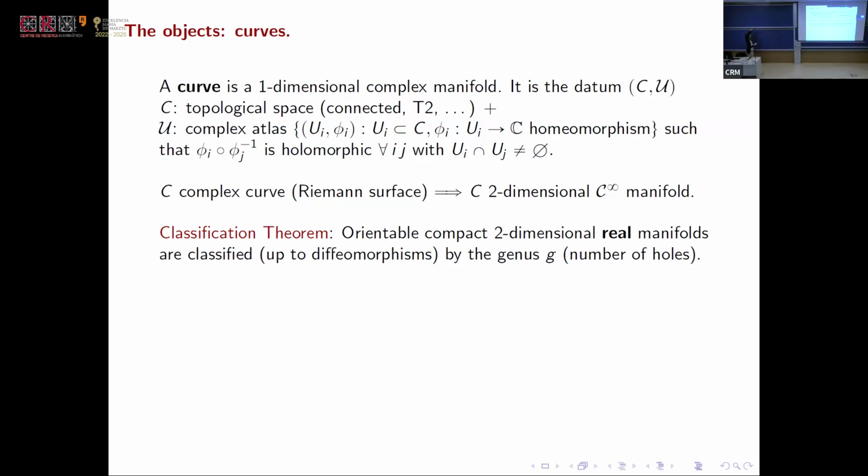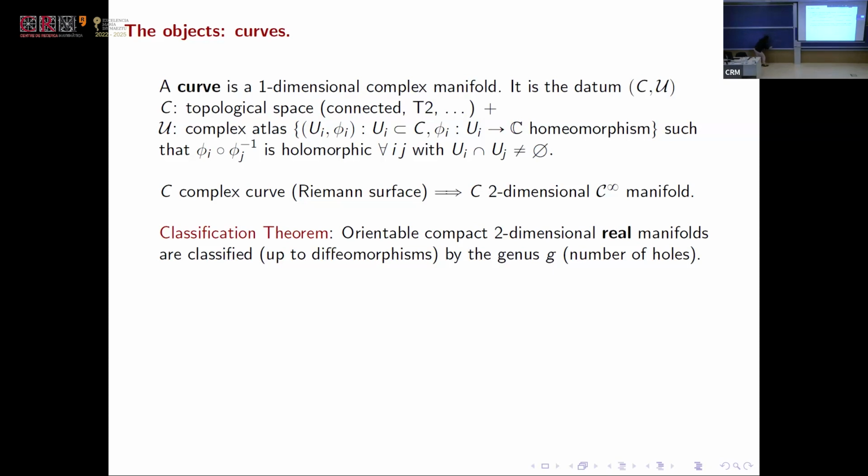Remember that to obtain these, the picture we usually have in mind is a square where we have moved all the complex plane inside this square, and we identify the edges. In this way we get the torus. This is just the generalization in the case of g greater than or equal to 2. We take a polygon with 4g edges, and we do the same.